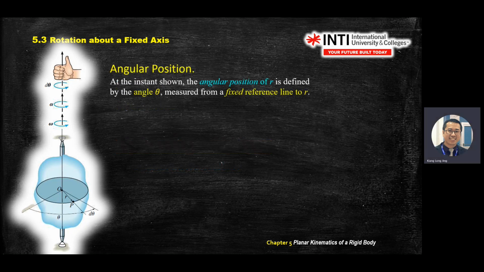Angular position of R is defined by angle theta, with reference to a fixed reference line.